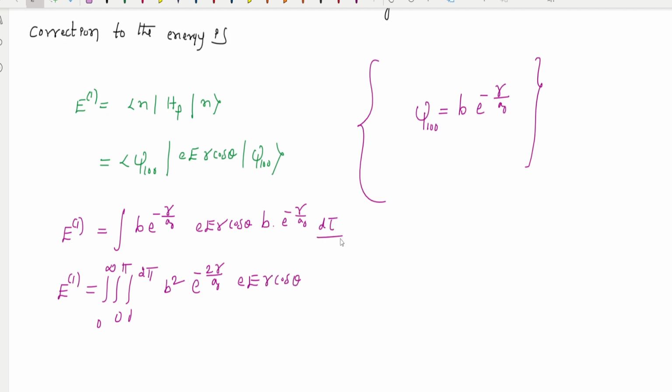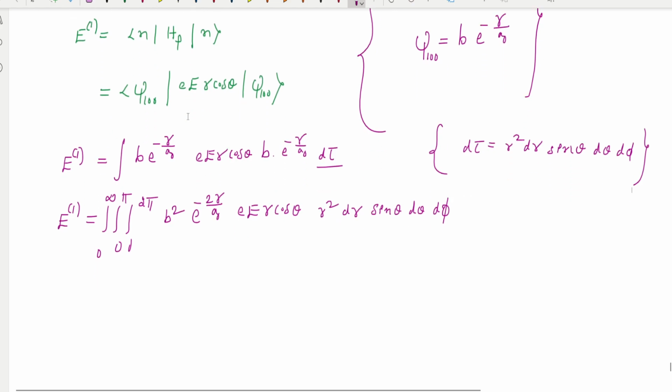I'm going to use, in place of d tau, r squared dr sin theta d theta d phi. Write this one: d tau equal to r squared dr sin theta d theta d phi. This is the volume element.